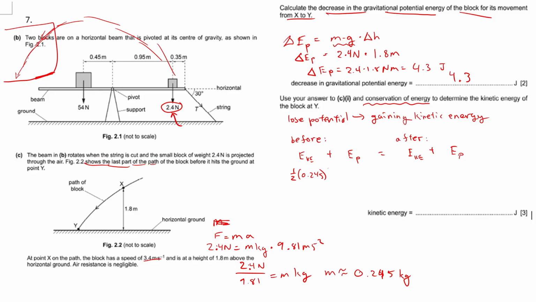So we can actually replace this here. m and then v squared, our v is given as 3.4. Our potential energy is solved up here, so 4.3 is equal to our kinetic energy after, so our mass, and we actually don't know our velocity.